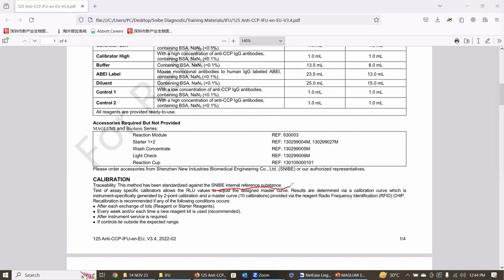So SNIBE uses its internal reference substance for the standardization and the traceability for the anti-CCP. Yes, the internal reference material is based on the U per ml unit.